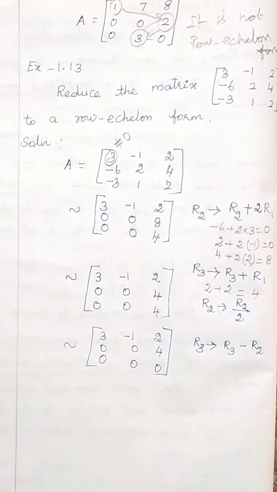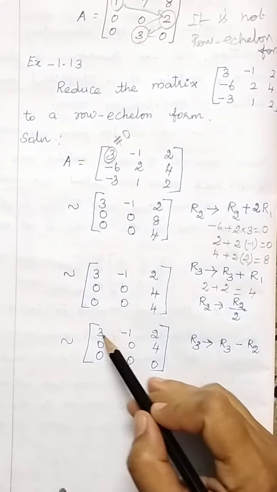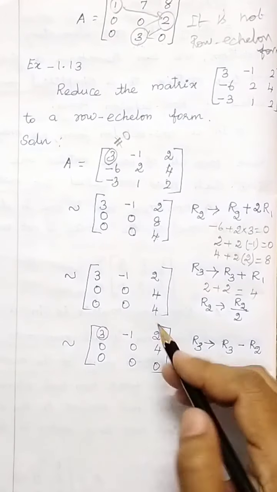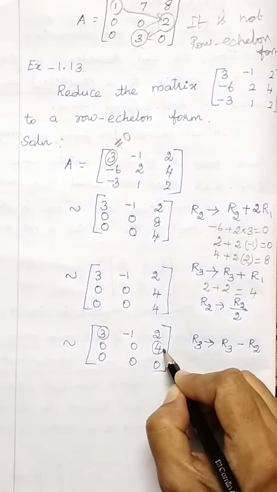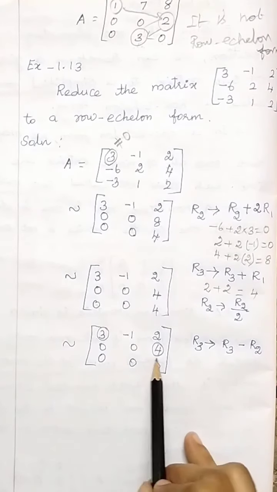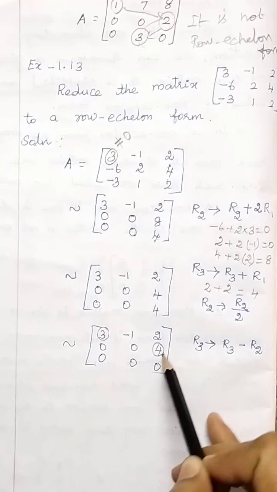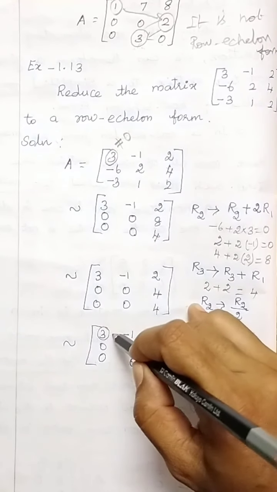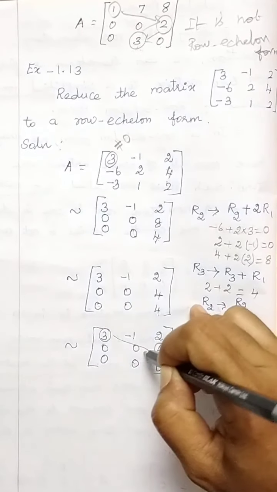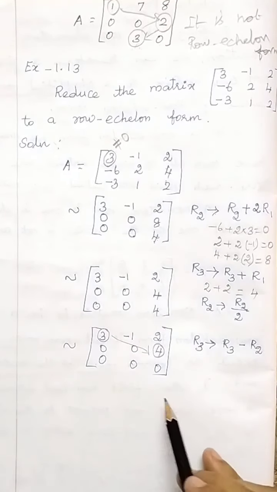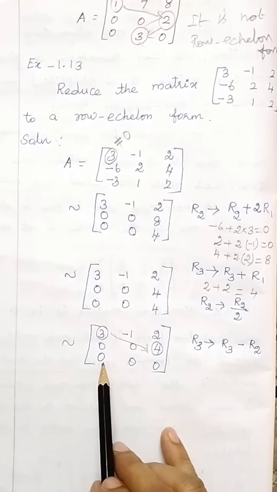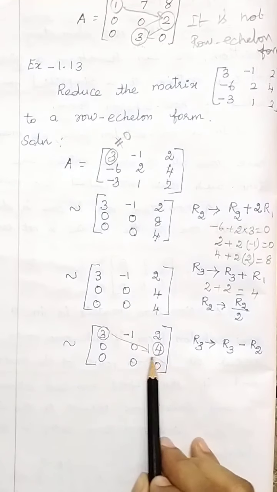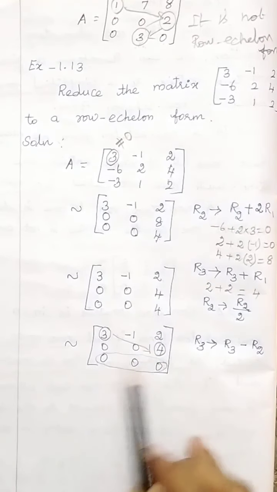Here, this is a first row non-zero element. This is our second row non-zero element. So our second row non-zero element occurs to right side of the first row non-zero entry, and our zero row occurs in the bottom of the matrix.